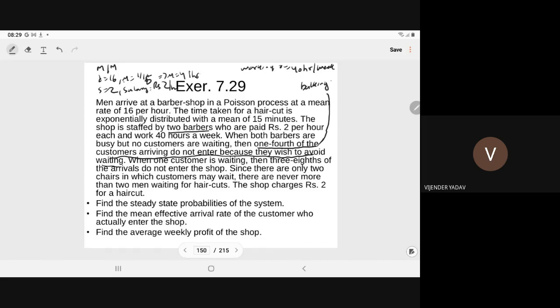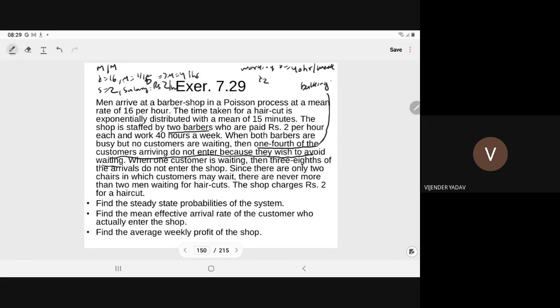After seeing that there is no space for service, the customer is not joining the system. So only three fourths are joining.